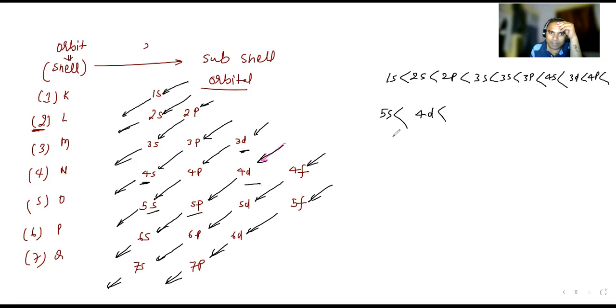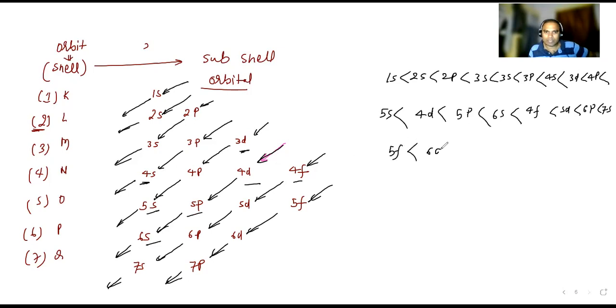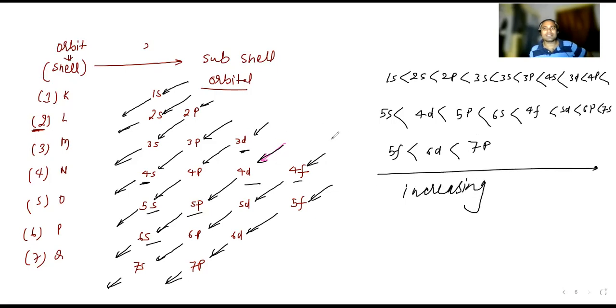Next 5p. Next 6s. Next 4f. Next 5d. Next 6p. Next 7s. The last 5f. Then 6d. Then 7p. This is the increasing order of energy of orbitals. This is called the Aufbau rule. It is the rule of the increasing order of energy of orbitals.